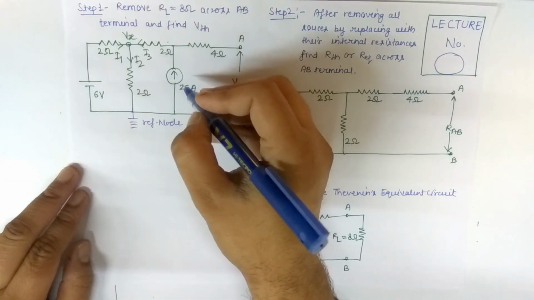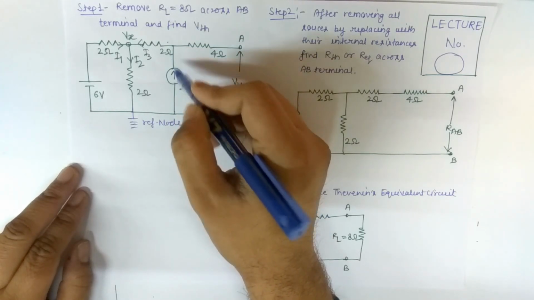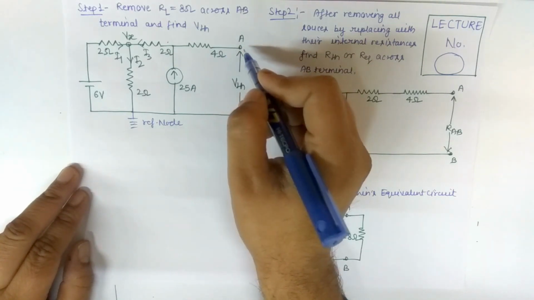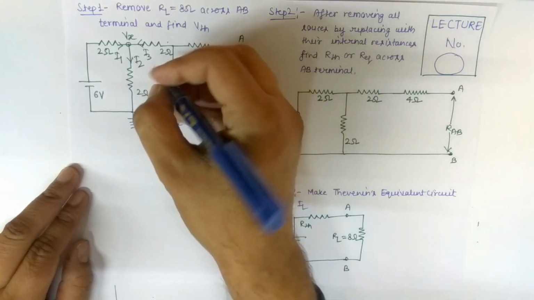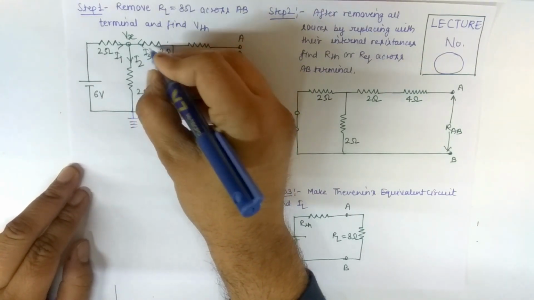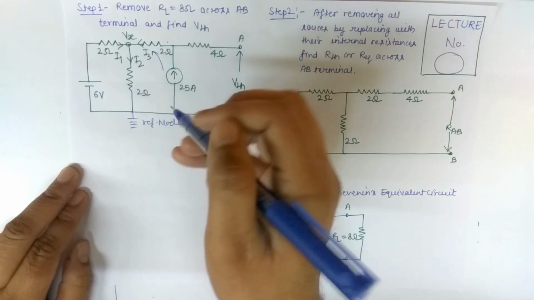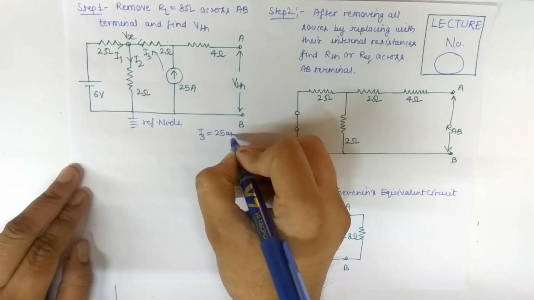Here the 25 ampere current flowing in this branch will not flow through the 4 ohm resistance, because this is open circuit. So this 25 ampere current is totally flowing through this 2 ohm resistance. So basically I3 is equal to 25 ampere.